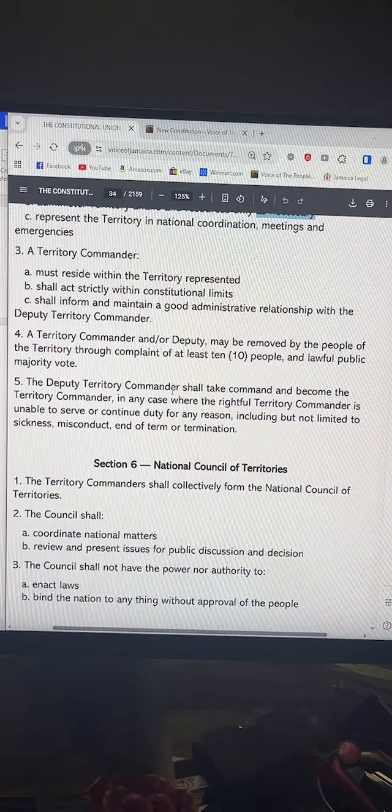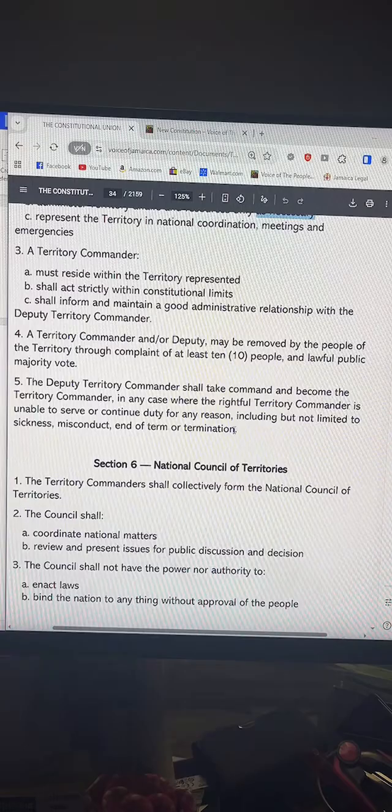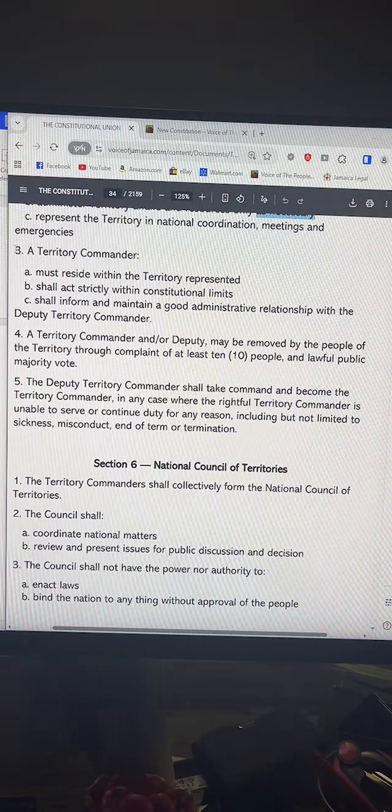The deputy territory commander shall take command and become the territory commander in any case where the rightful territory commander is unable to serve or continue duty for any reason, including but not limited to sickness, misconduct, end of term, or termination.